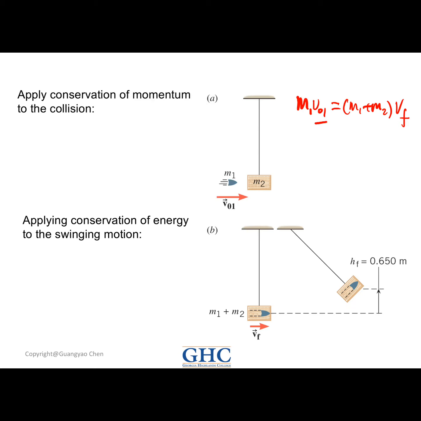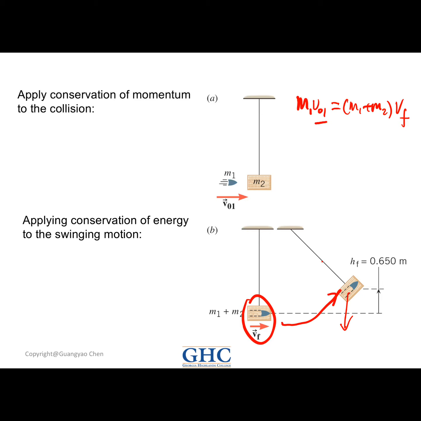Now, however, how are we going to solve for Vf? We need to use conservation of mechanical energy. Now, the block with the bullet has an initial Vf here, and it's going to swing up. So we have to think what kind of quantity is conserved in this problem. When swinging up, there are two forces acting on the system.